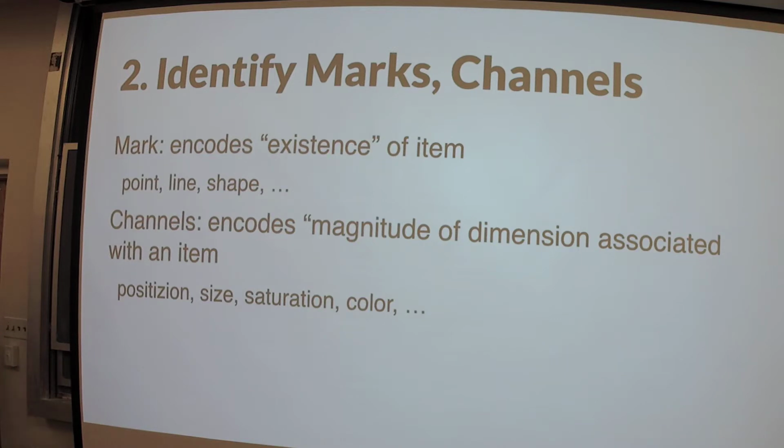The channel encodes the magnitude of the dimension associated with an item, or for qualitative categorical data, it could just be the type. The common channels are position, size, saturation, color, angle, and all of these kinds of things. I'm sure you remember this from the lecture.